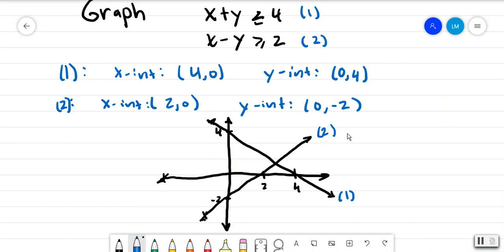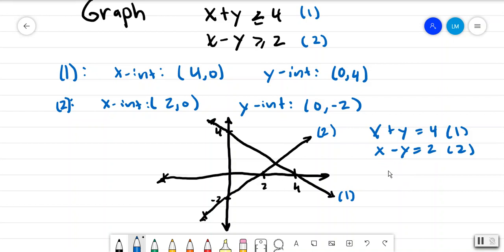The next part that we need to figure out is the point of intersection. The point of intersection is found by looking at the lines x plus y equals 4 and x minus y equals 2 and solving it like a system of equations.